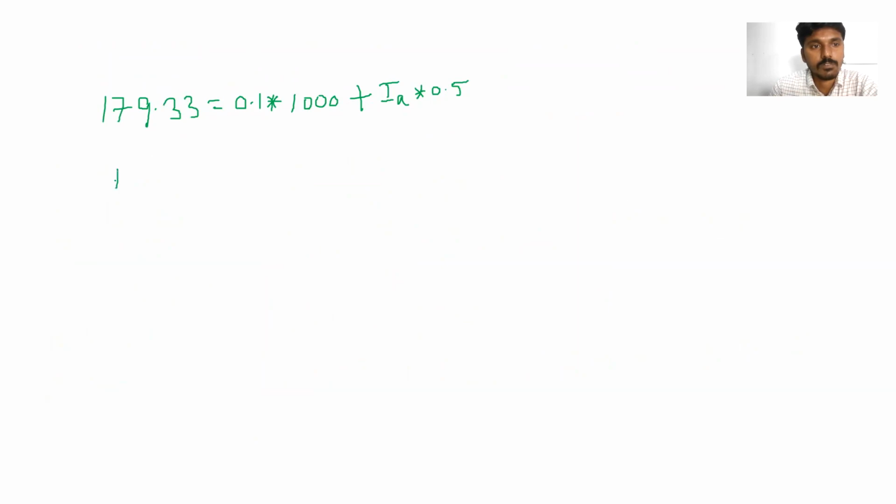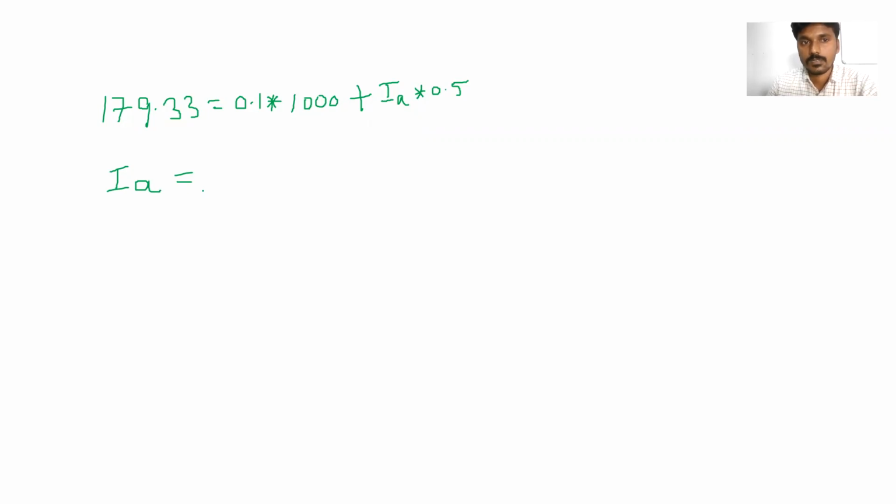What is the value of IA from this equation? 0.1 into 1000 means 100.